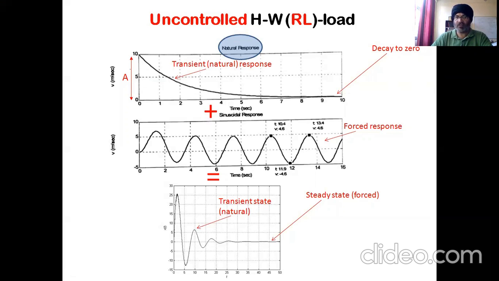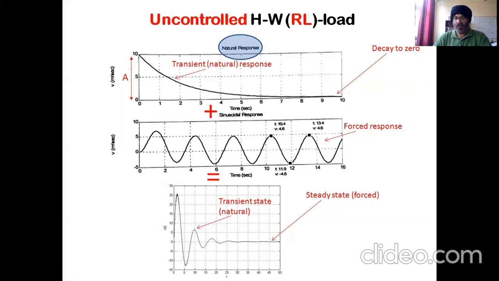The plus sign shows it is superimposed on the forced response. Forced response means we applied a sinusoidal stimulus, Vm sin omega t, as an external source, so we are forcing the system to show behavior according to Vm sin omega t.